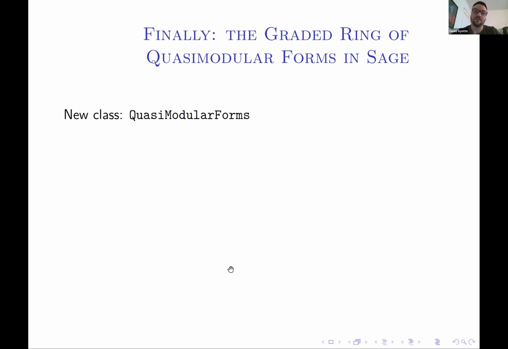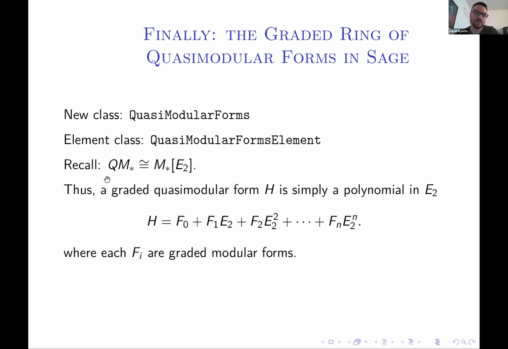And finally, the graded ring of quasimodular forms in Sage. We implemented a new class, basically quasimodular forms, with a new element class, quasimodular forms element. Let's recall that we have this isomorphism.